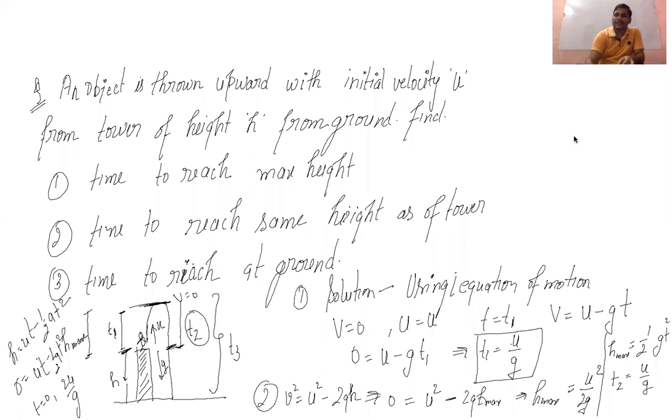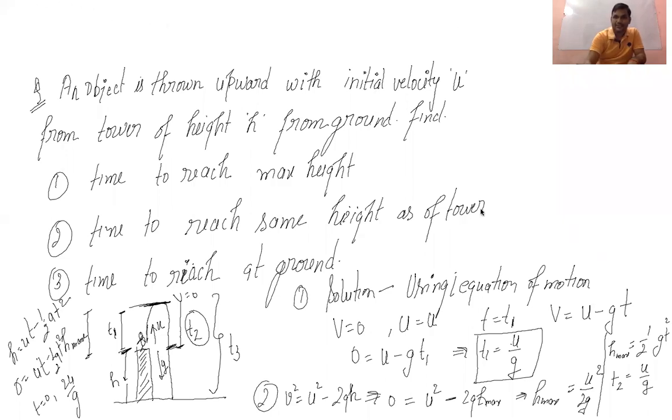So in another case, if you are willing to find out the total time, what can be the method? The first method I told you was taking displacement as 0, and the second method is to find out this t3 using the second equation of motion. Look here.